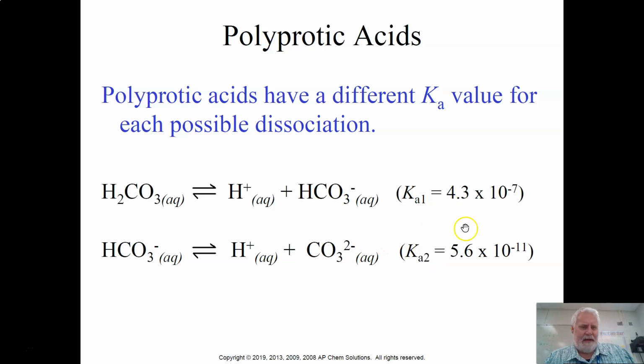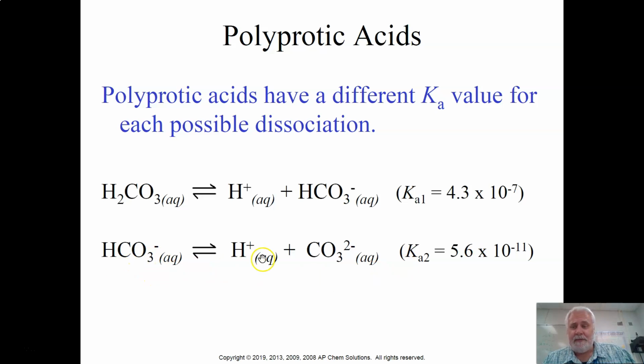So that means if you're going to do some calculations and you're given these various Ka values, there's one little trick to remember here, and that is use Ka1. All right? Why? Because it's a bigger number, and even if it was close, if you think about it, that first hydrogen coming out is adding hydrogens to this second reaction, which will shift the equilibrium to the left, making even fewer hydrogens and making this number even smaller than it already is.